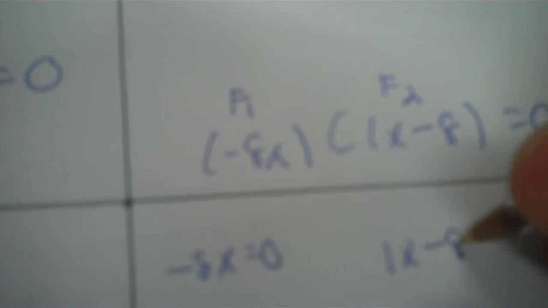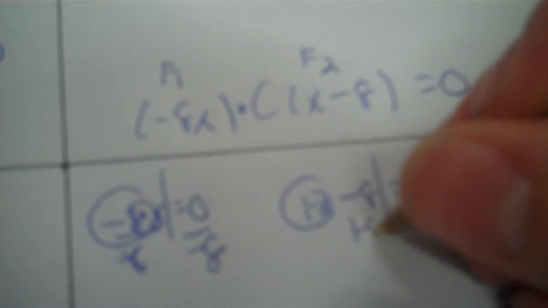Okay, so we have negative 8x, and then we have 1x minus 8 equals 0. So f1, f2. So negative 8x could equal 0, or 1x minus 8 could equal 0. You just set each factor equal to 0.